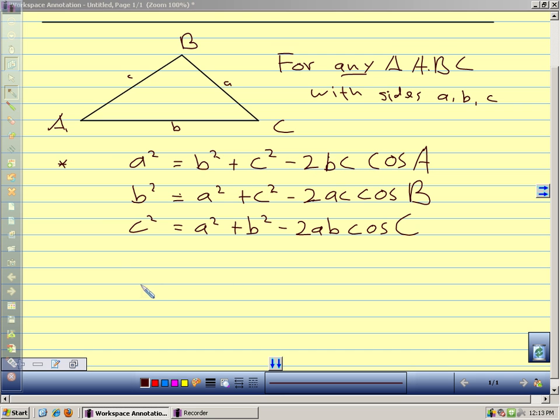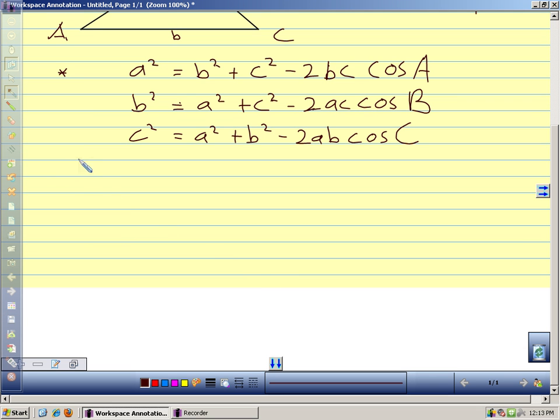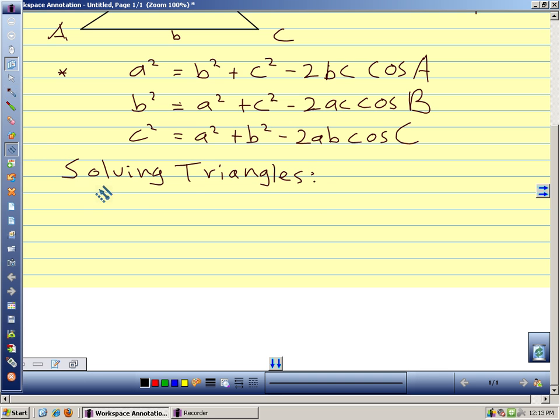All right, the way we use law of cosines, like we use the law of sines, is to solve triangles. And remember that solving triangles just means finding the missing parts.